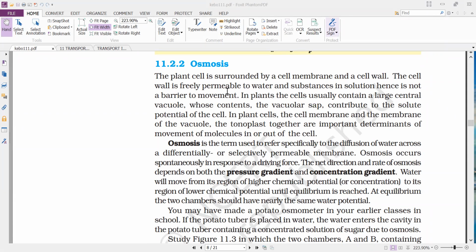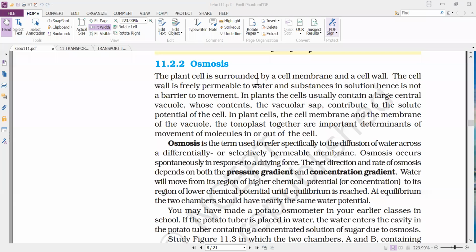When you observe here, we all know all the living cells are covered by a membrane called the cell membrane or plasma membrane. Like that, in the case of plant cells also, the plant cell is surrounded by a cell membrane and a cell wall. The outer covering is the cell wall, and inner to the cell wall we'll find the plasma membrane or cell membrane.